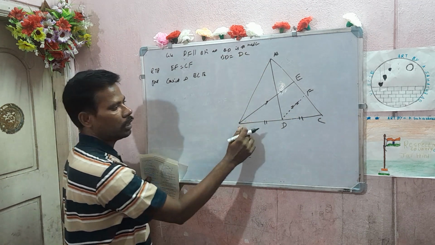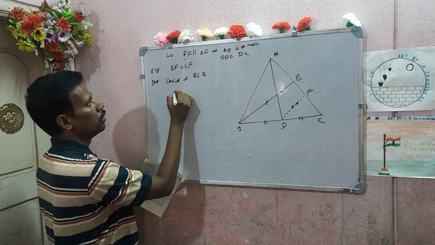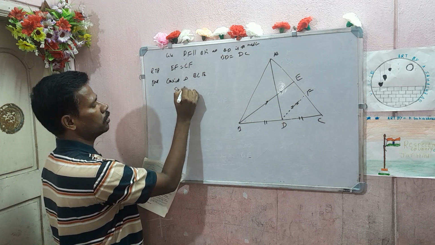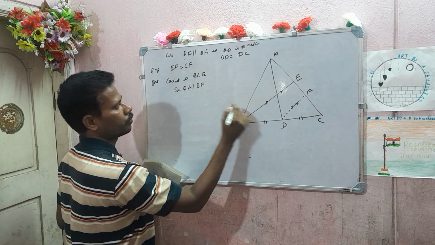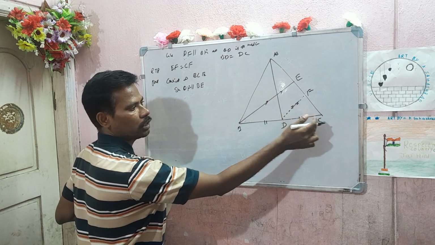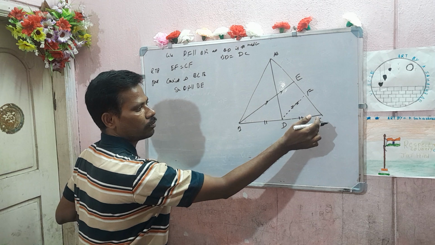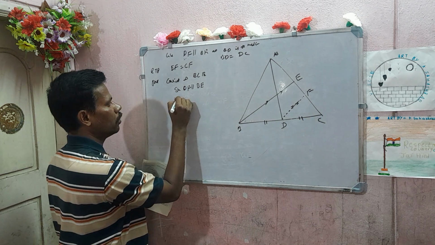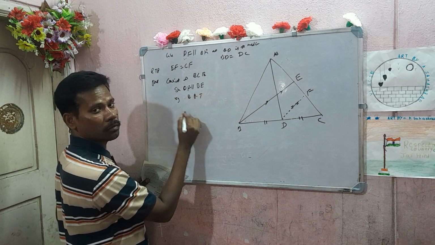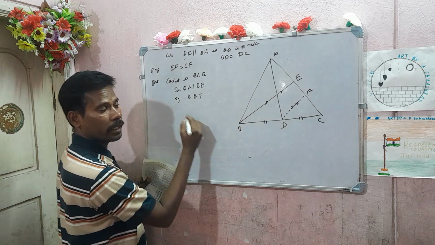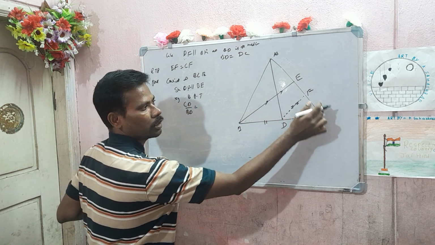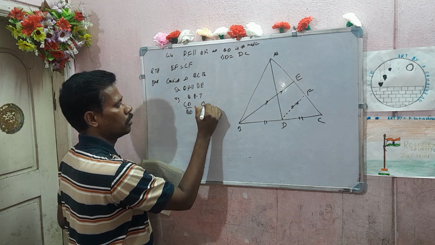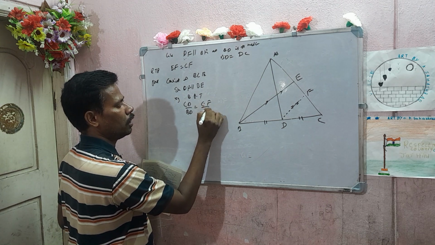Consider triangle BCE. Since DF is parallel to BE, apply the basic proportionality theorem. By BPT, CD by BD is equal to CF by FE.